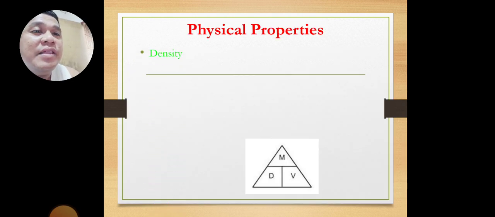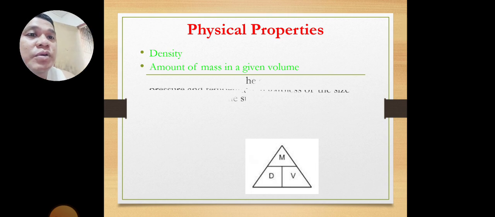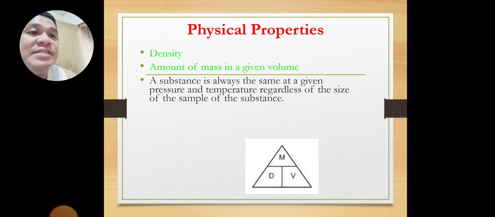Another property that belongs to physical is density, the amount of mass in a given volume. The density of a substance is always the same at a given pressure and temperature regardless of the size of the sample.